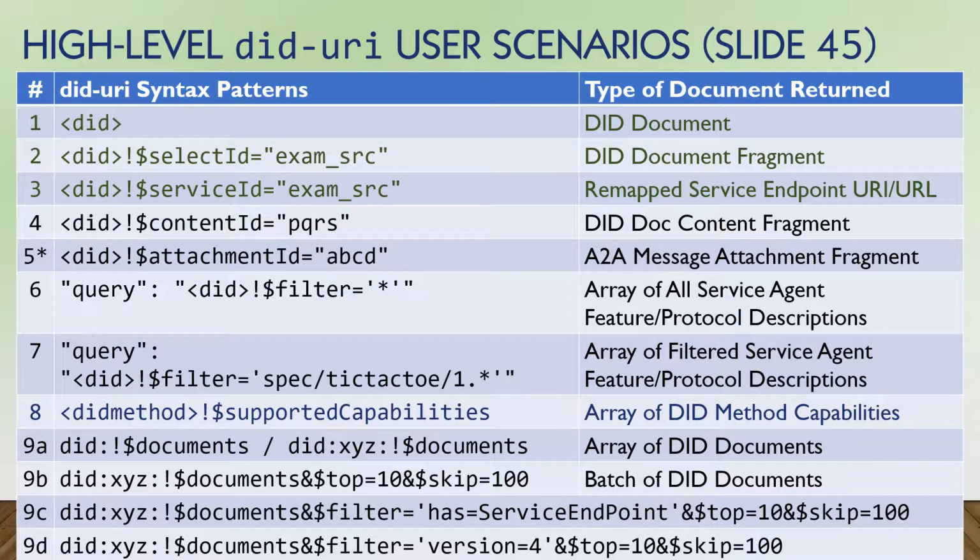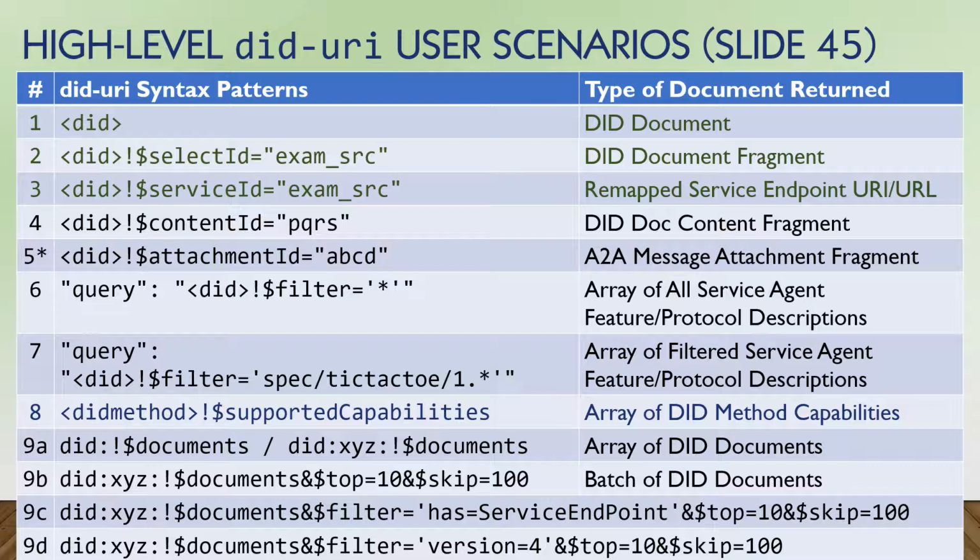So part of the JSON for the request object is the query attribute, and there you pass in the DID URL that represents your query. So here we're saying for a particular DID, we're going to pipe that through $filter this time. And the filter is star. It's a wildcard. So this says return everything to us.